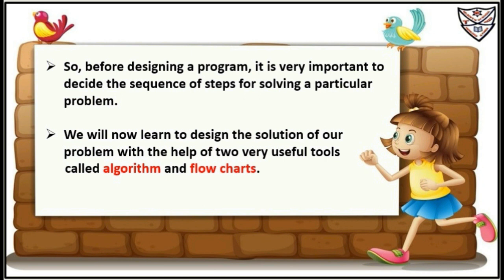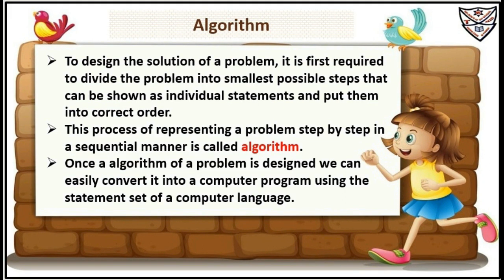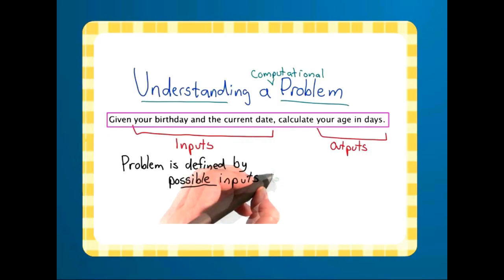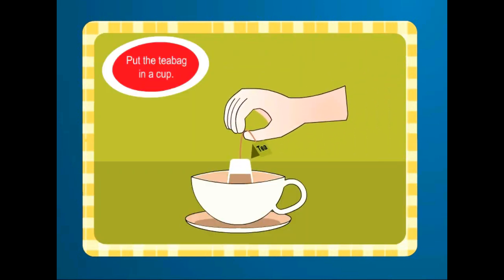We will now learn to design the solution of our problem with the help of two very useful tools called algorithm and flowcharts. Algorithm. To design the solution of a problem, it is first required to divide the problem into the smallest possible steps that can be shown in individual statements and then put them into the correct order.